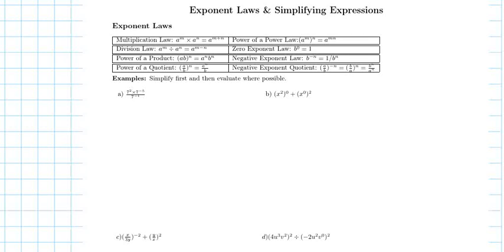Most of these laws that you see right here are on the wall right here as well. These laws can be used when we are trying to simplify expressions if they have the same base.